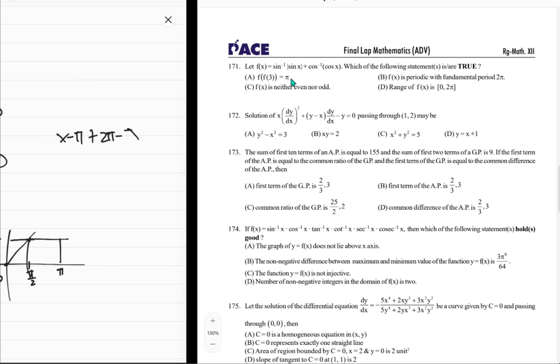Hey, it's the same thing, it's still just pi. How is this happening?